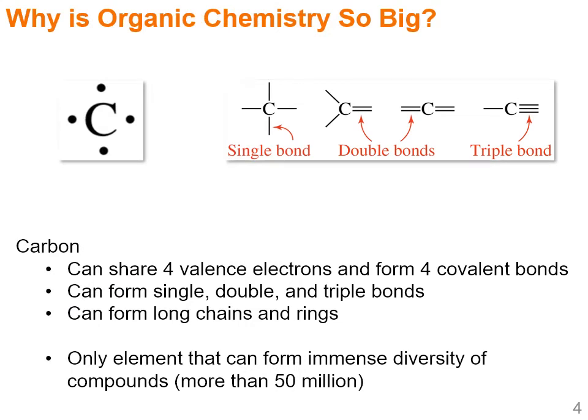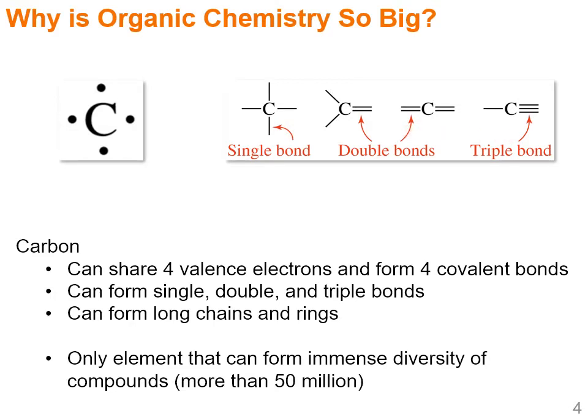Organic chemistry is one of the biggest branches of chemistry. So why is it so big? Carbon has unique properties. It makes 4 bonds, as we have discussed earlier, and it can achieve these 4 bonds by having different arrangements of single bonds, double bonds, or triple bonds.